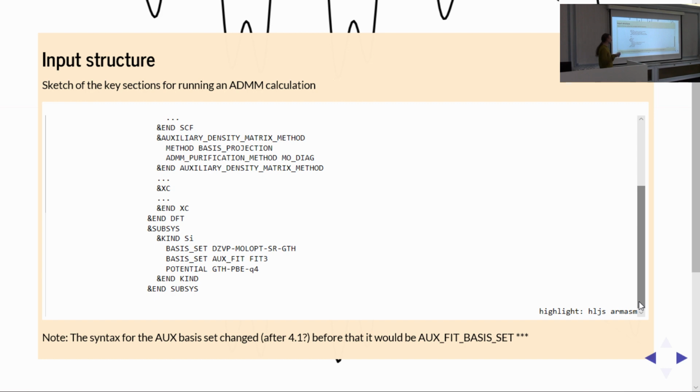If you're using an up-to-date CP2K, you have BASIS_SET AUX_FIT and the name of the basis set you want to use. If you are on a legacy CP2K, then instead of BASIS_SET AUX_FIT, you see there's a space, they're separated, this is a specifier for the basis set, then you need to use this AUX_FIT basis set and then the name of your basis function. But use an up-to-date version of CP2K and then we don't get into this.